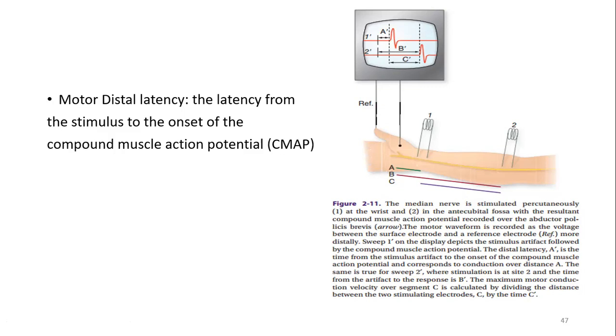So what is latency? Latency means when you stimulate the electrode at this point, there is a time gap before the onset of the action potential on the screen. The time gap between the stimulus and the onset of the action potential is this A prime.